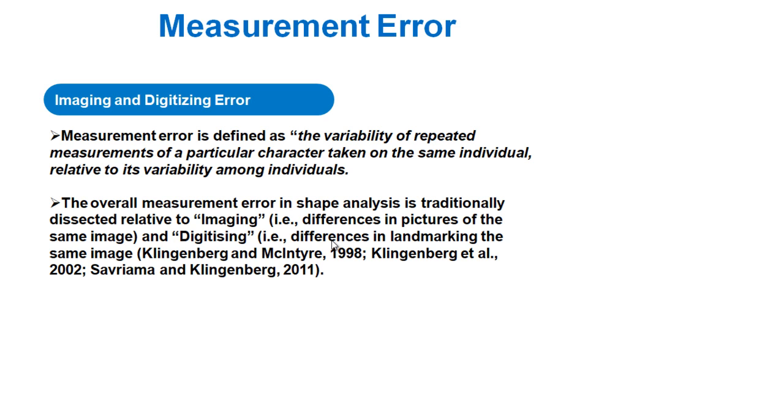You can randomly select 10 images, and digitize them twice or 3 times or 4 times or 5 times to account for the variability among individuals, so that you can account for what is called landmark error or error of digitization. So this is called measurement error in digitizing, which can never be eliminated. It must be accounted for at all times.